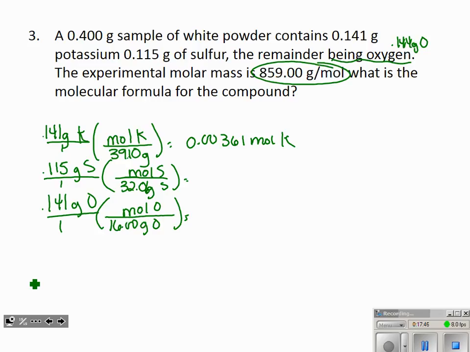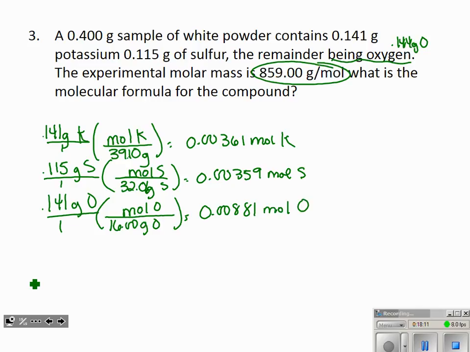For our moles of sulfur, 0.00359 moles. So that's about a 1-to-1 ratio between potassium and sulfur. And then 0.141 divided by 16 gives 0.00881 moles of oxygen. We are not done.